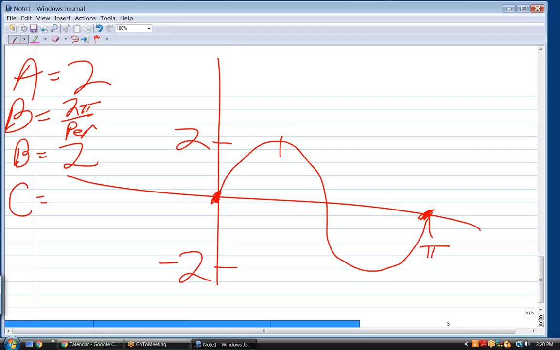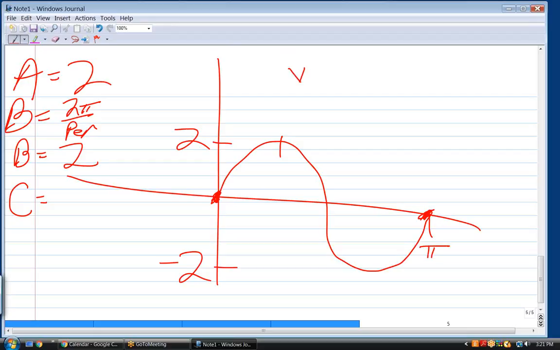What is C? The phase shift. So that's how it gets shifted compared to the regular formula. Is this the regular y equals sine x? Well, it's not quite the regular.